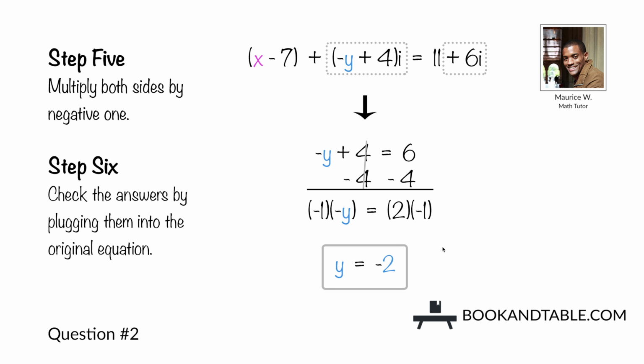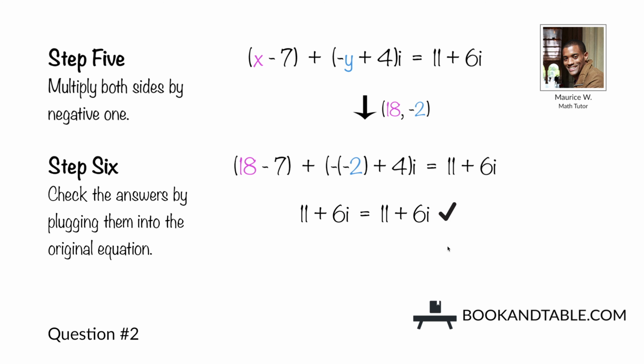And now we can check the answers by plugging them into the original equation. (x - 7) + (-y + 4)i is equal to 11 + 6i. We'll check the real number first. So we'll plug in 18 for x here. That gives us 18 minus 7, which gives us positive 11 as our real number on the left side. And that matches the real number on the right side, which confirms that x does equal positive 18.